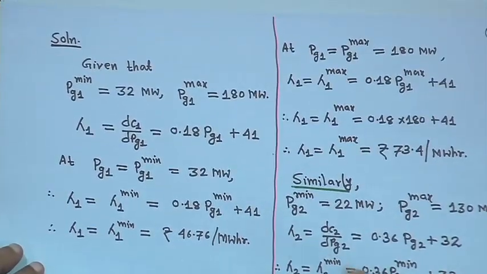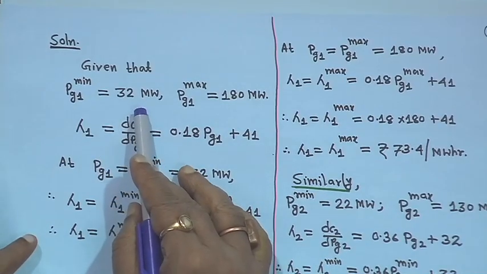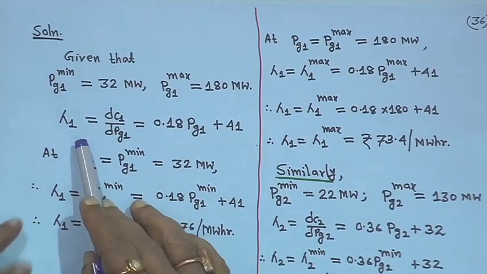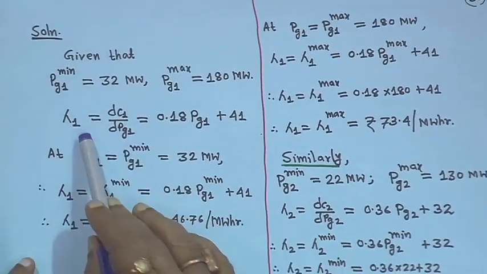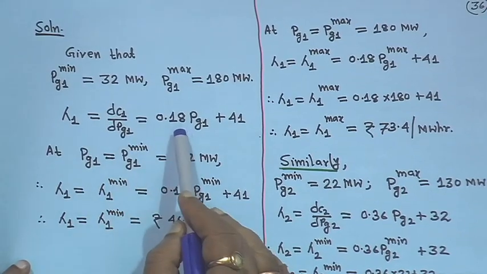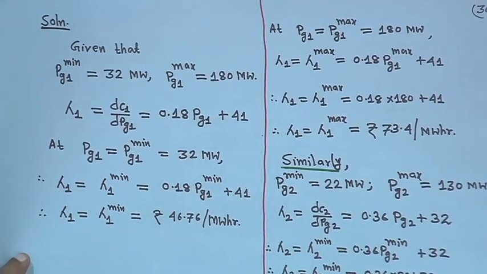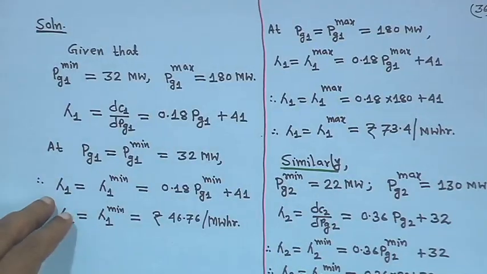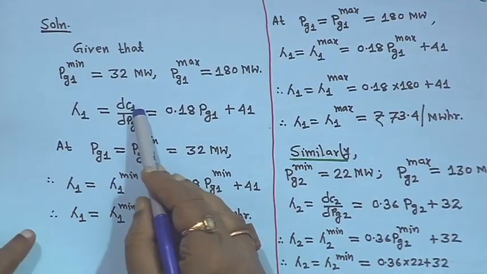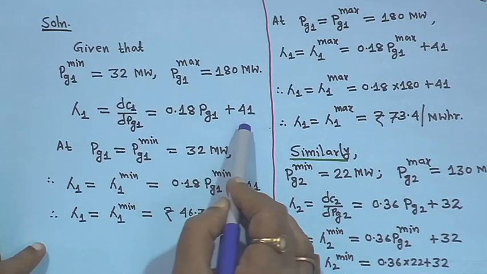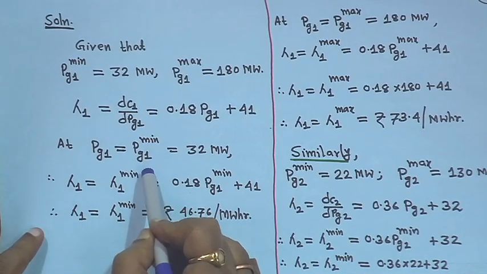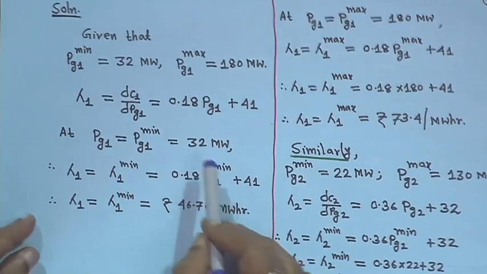You are given that Pg1 min is equal to 32 megawatt, and Pg1 max is 180 megawatt. So lambda 1 is equal to dC1/dPg1 for unit 1, that is 0.18 Pg1 plus 41. This is lambda 1, this is lambda 2, and these two are given. Therefore lambda 1 is equal to 0.18 Pg1 plus 41 at Pg1 equal to Pg1 min, when generating at its lower limit, that is 32 megawatt.